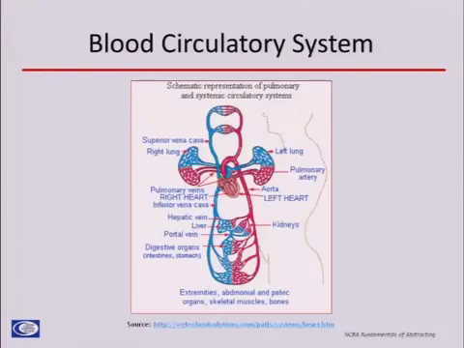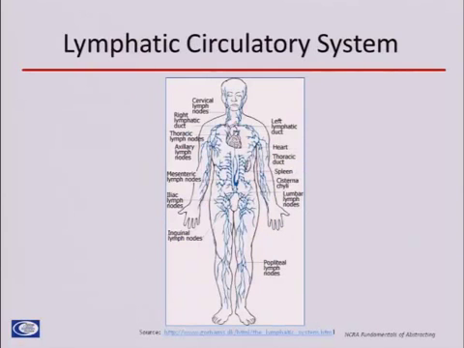So let's do a little bit of anatomy. Everybody's pretty familiar with the blood circulatory system, right? You have a heart and arteries and veins, and they all pump blood, they go to the lungs and get air and all that kind of stuff. But we also have a lymphatic circulatory system. And the lymphatic circulatory system parallels a lot of the blood circulatory system.